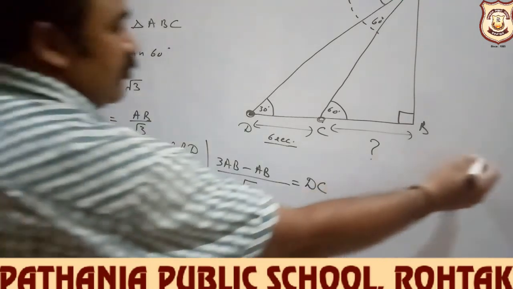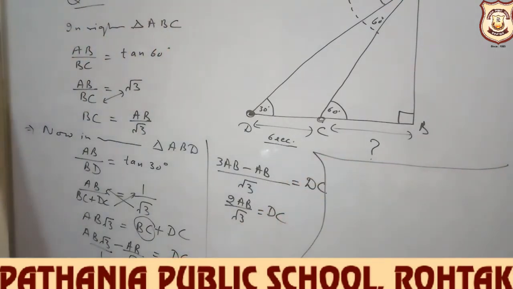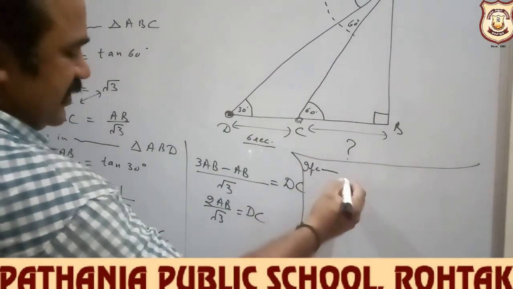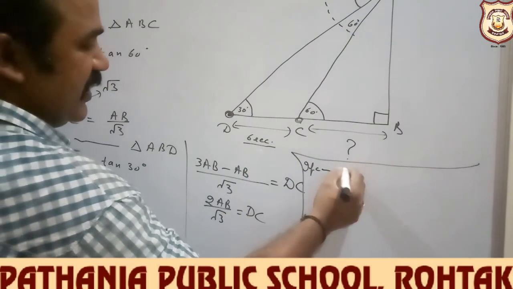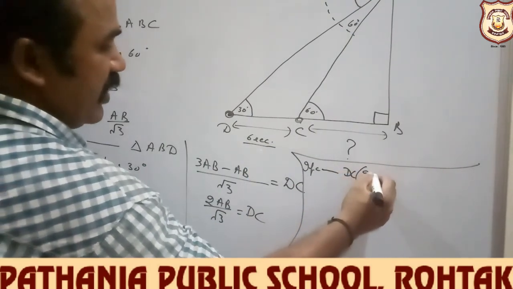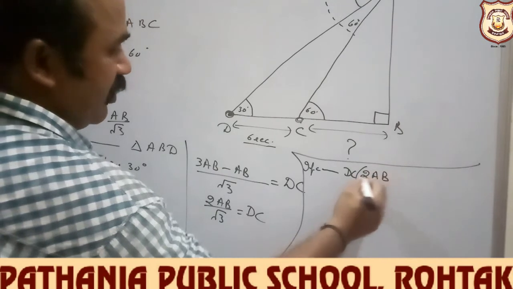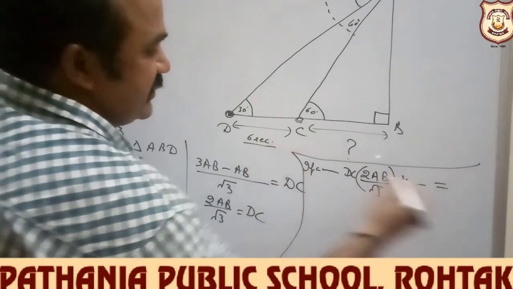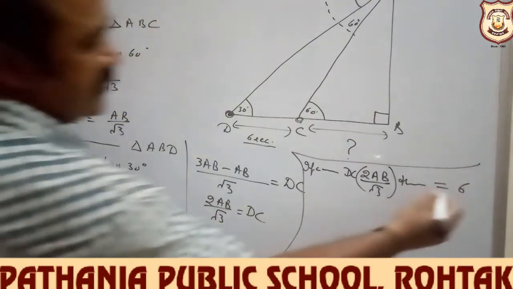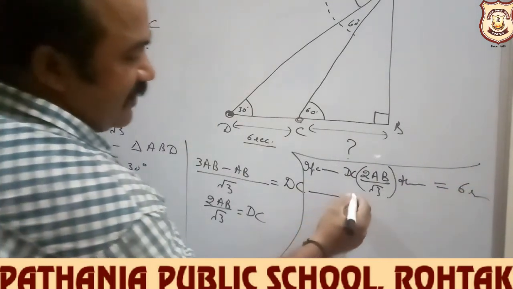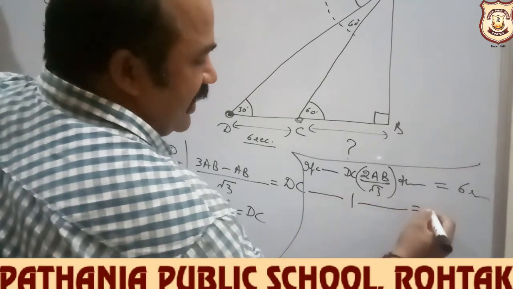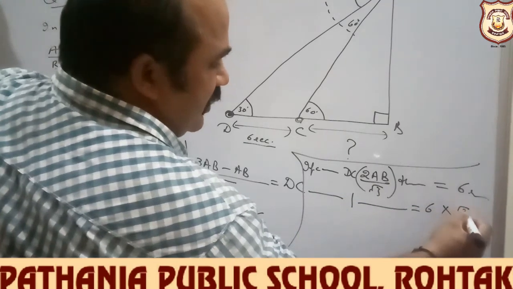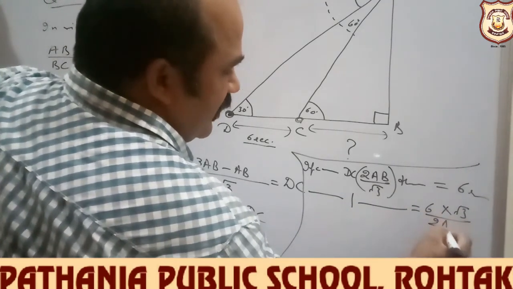After this we will use the unitary method to solve this question. If the car covers distance DC, DC means 2AB upon root 3, then time taken is 6 seconds. If the car covers distance 1 unit, then time taken is less, 6 into root 3 upon 2AB.